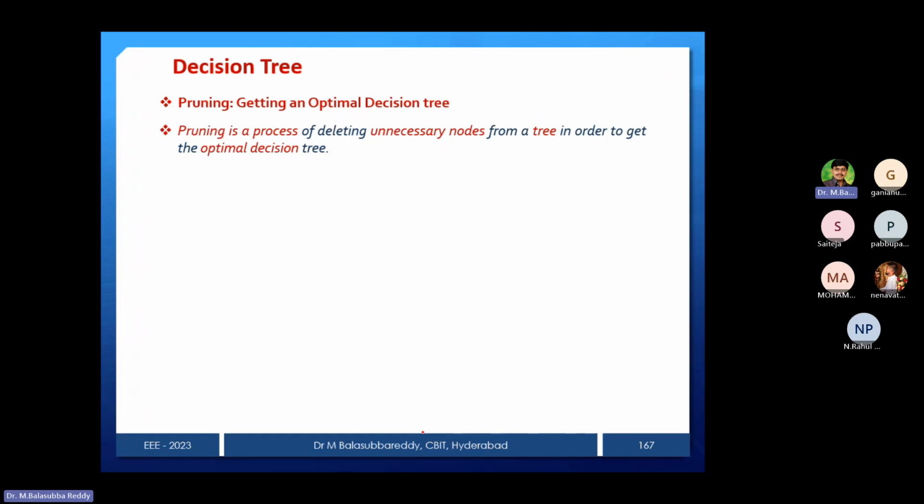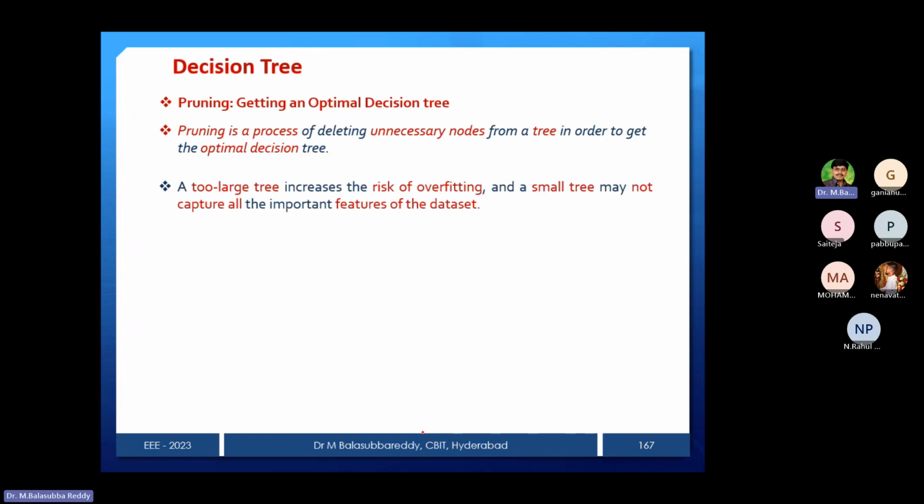This is what we more precisely have to do. If there are unnecessary nodes, without changing their information, we are going to delete them. That we call pruning.